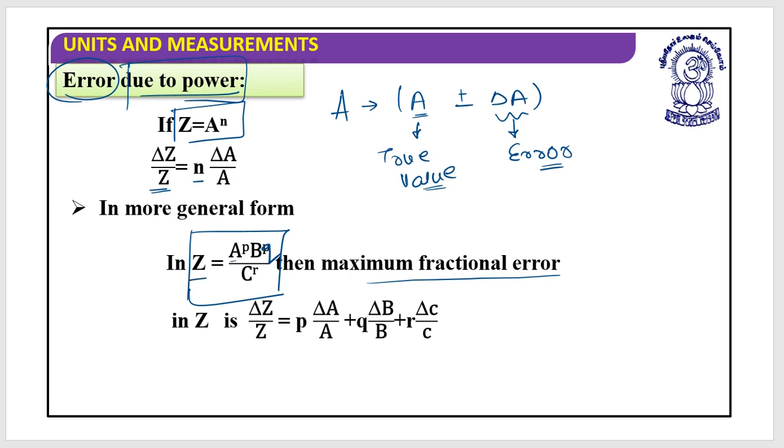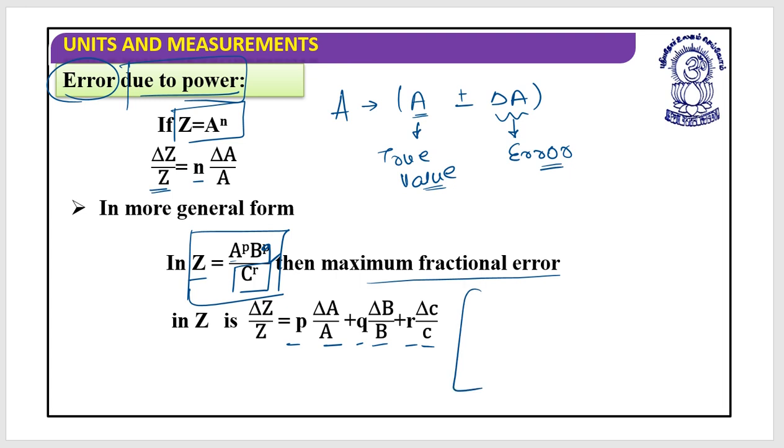The power of a is p, so this is p multiplied by delta a by a. The power of b is q, so this is q into delta b by b, and the power of c is r into delta c by c. Let's look at this again, because even though c to the power r is divided, it would be added only.